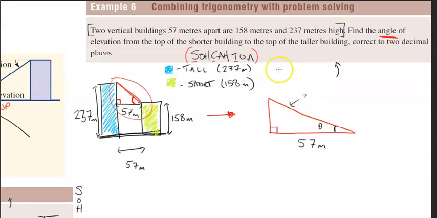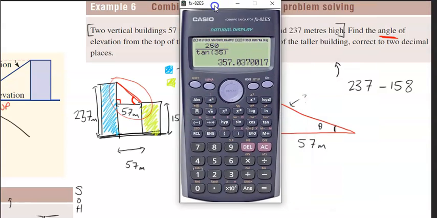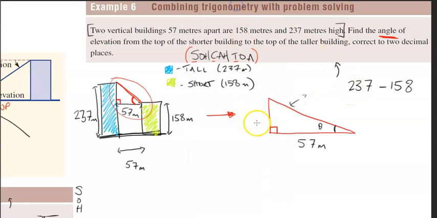We don't know what the hypotenuse is, but we can solve for this vertical height here based on the fact that this tall building is 237 meters and this short building is 158 meters. So to get that length there, we just need to find the difference between these two lengths. In other words, if we get 237 and subtract 158, we end up getting 79, meaning that this distance here is 79.